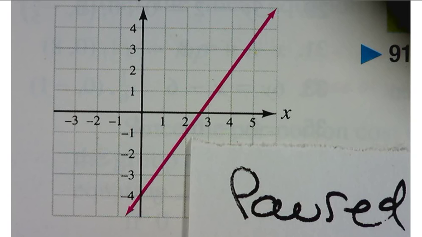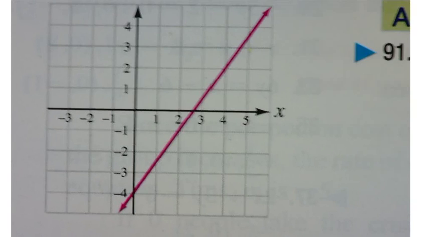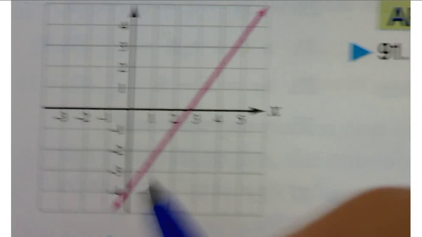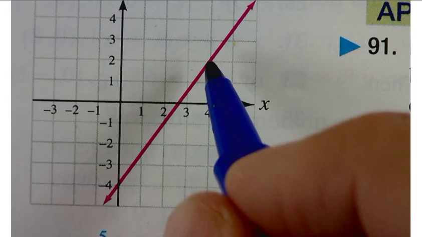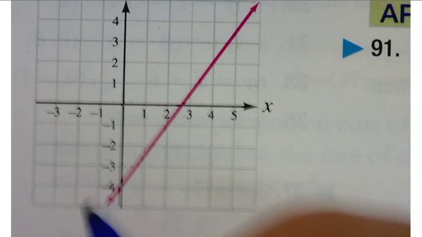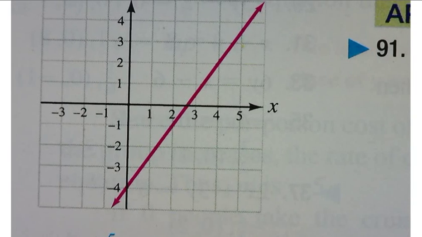Okay, so let's put those things together. So we'll choose these 2 points, this one and this one. Run of 4, rise of 6. What's the y-intercept? -4.